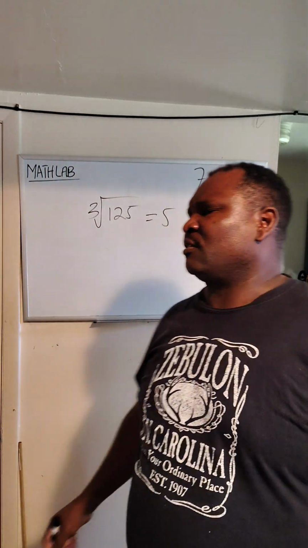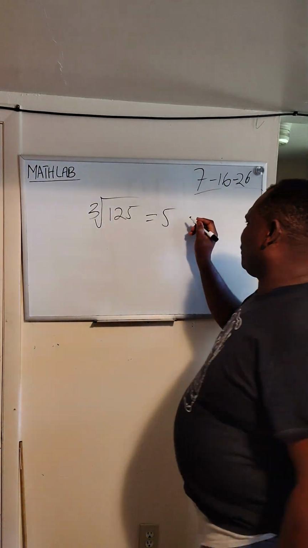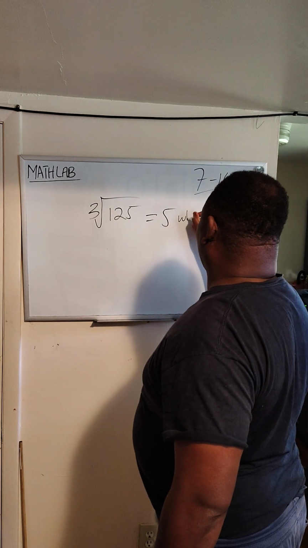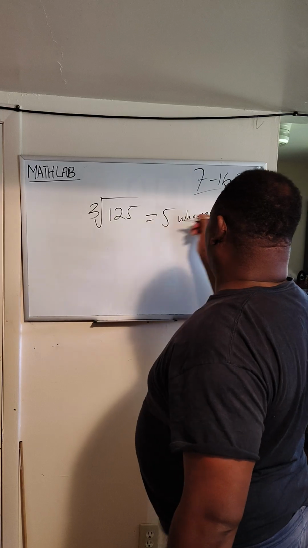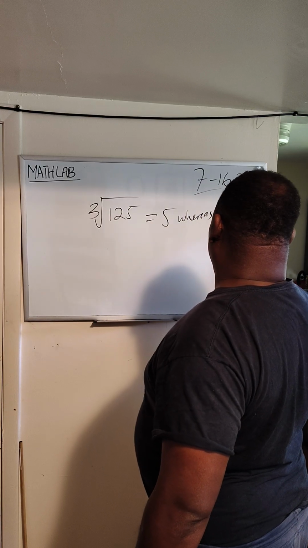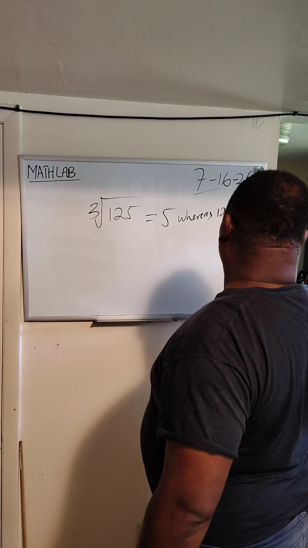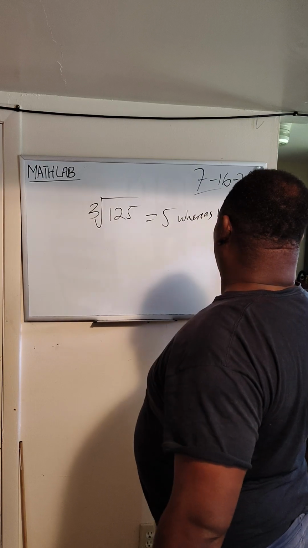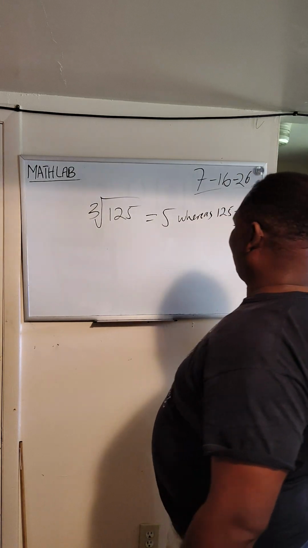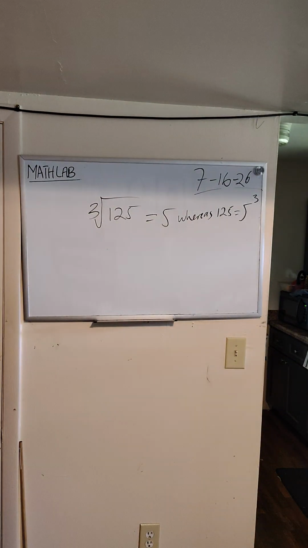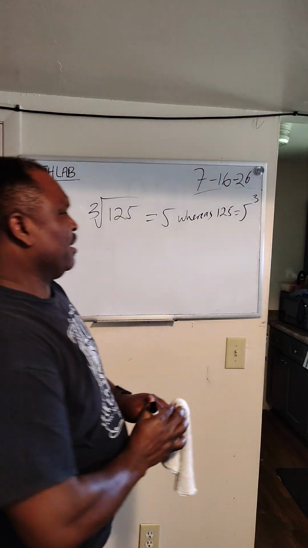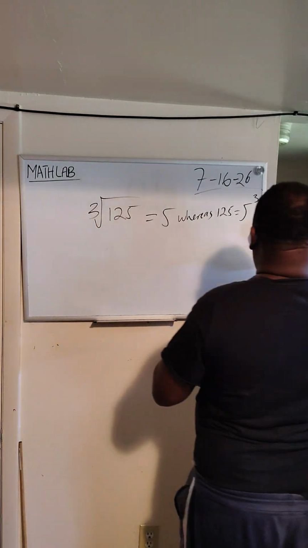That means 125 is equal to 5 to the power of 3.